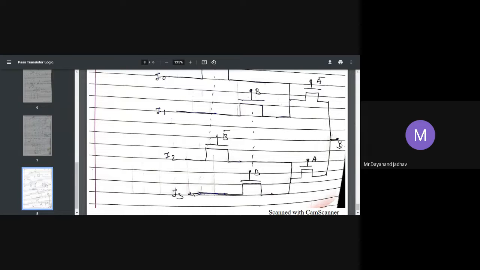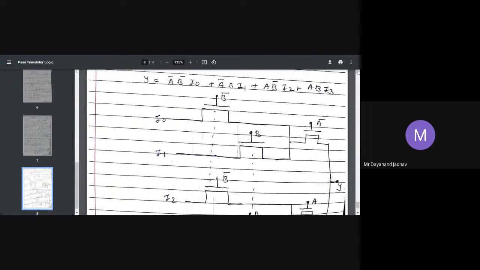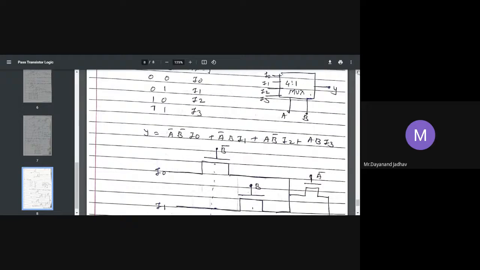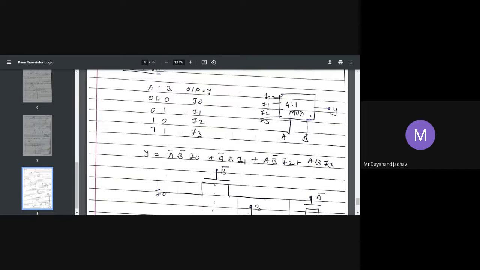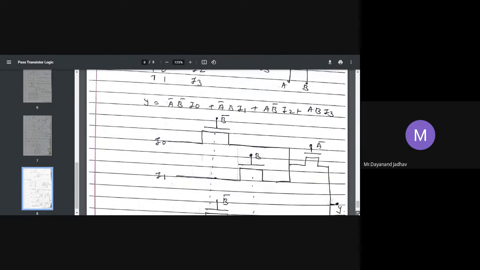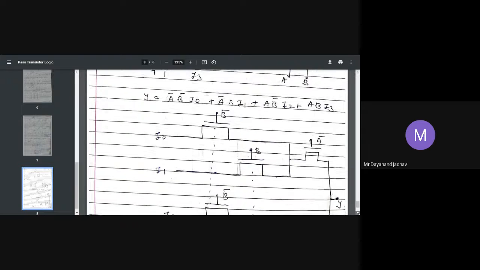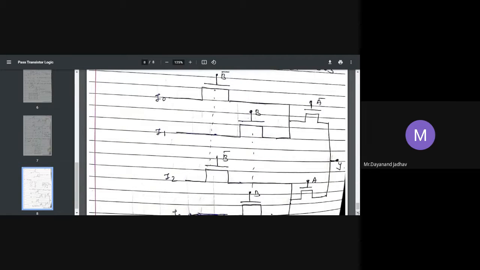And output Y. When we implement it using the truth table, A equal to 0 and B equal to 0, what is created in the output? Here B bar is in the on condition, therefore I0 passes here.